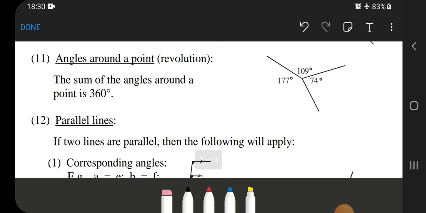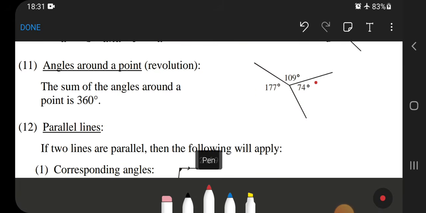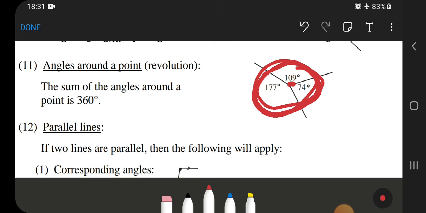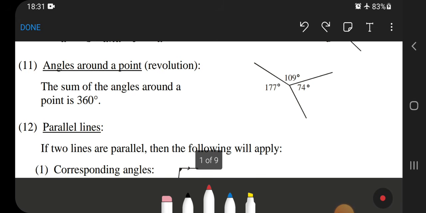And then angles around a point, revolution, as I have said. When angles add up to 360, we have a point here. All the angles here need to add up to 360, and they are called a revolution, as we have already done. And then we have parallel lines.